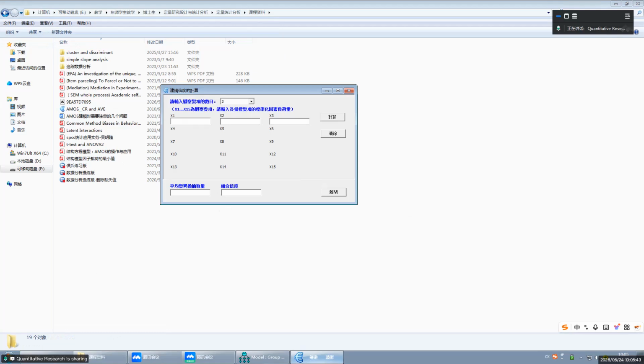Yeah, so it's very easy. So now you know when we compute CR or AVE or square root of AVE, what is the focus for this analysis? The focus is factor loadings.